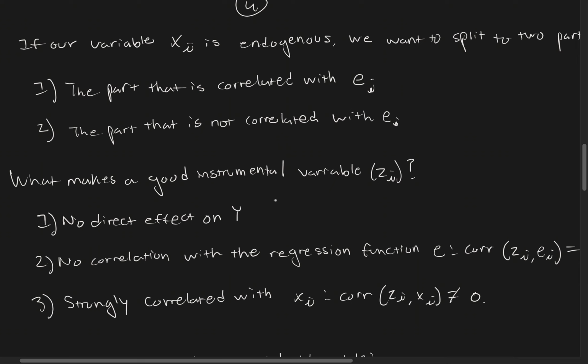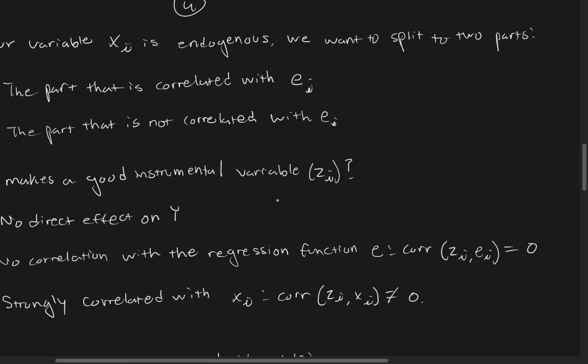And we don't want any correlation with the error. So the correlation between the error and the new instrumental variable Z should be 0.